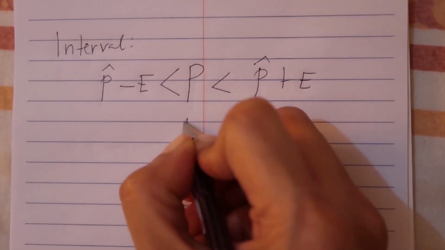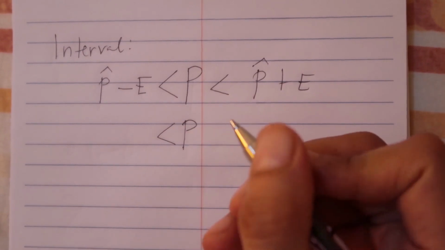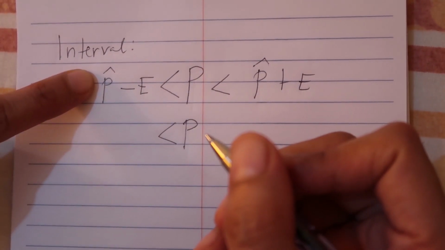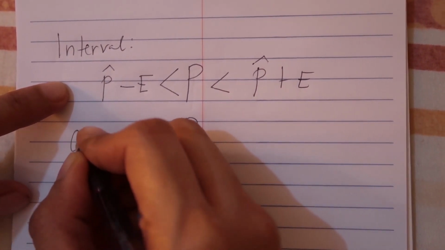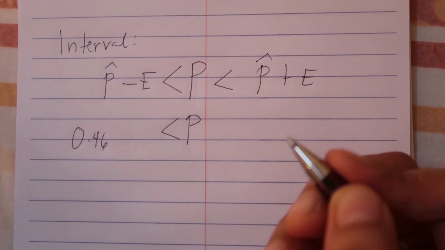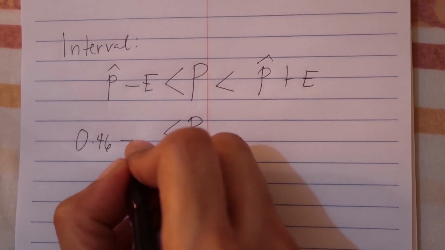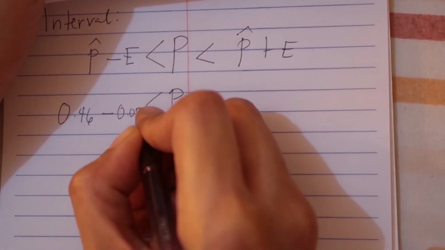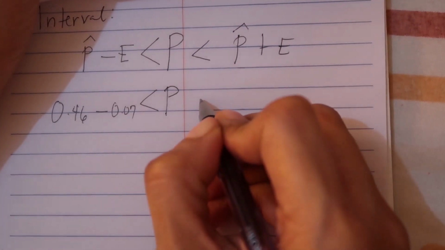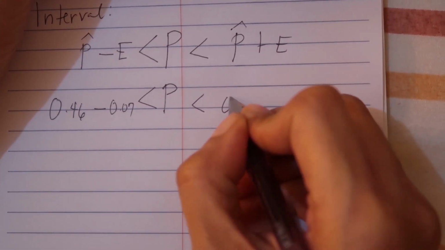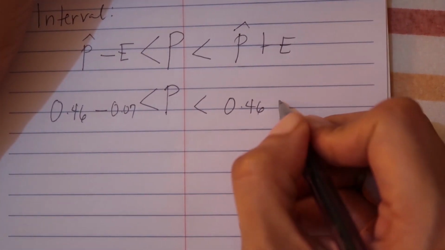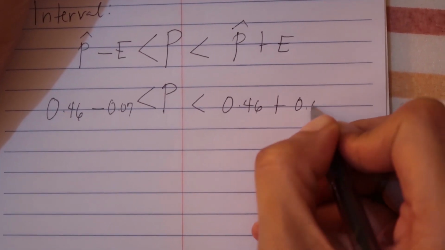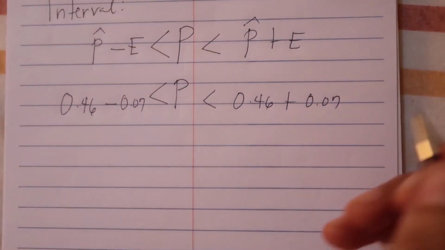So population proportion is greater than, you already have the value of sample proportion, which is 0.46, minus your margin of error, which is 0.07, but less than 0.46 plus 0.07.